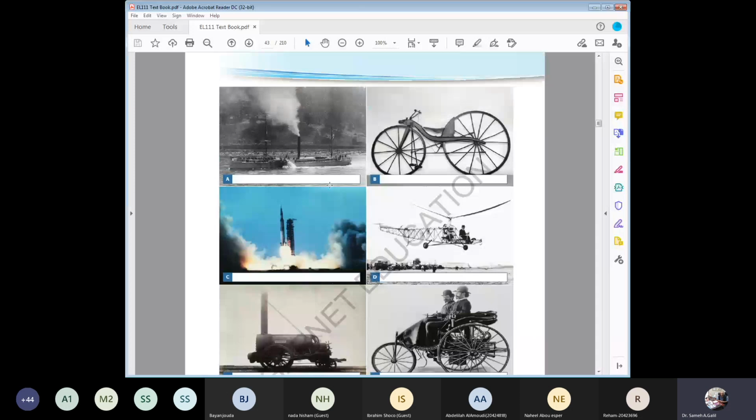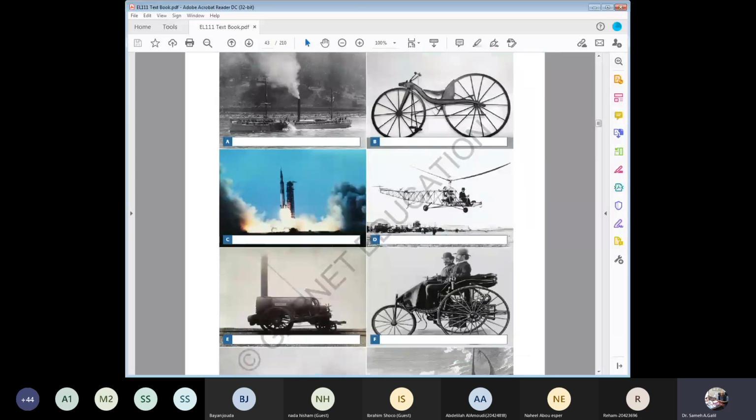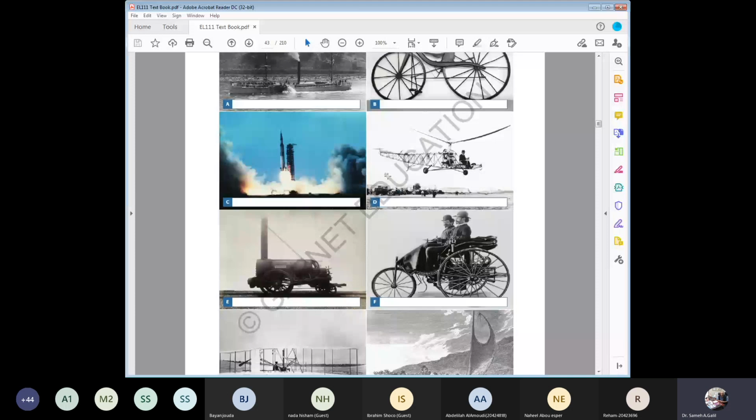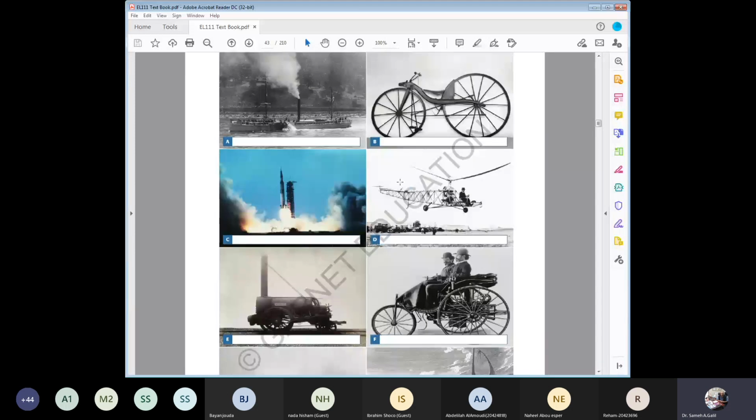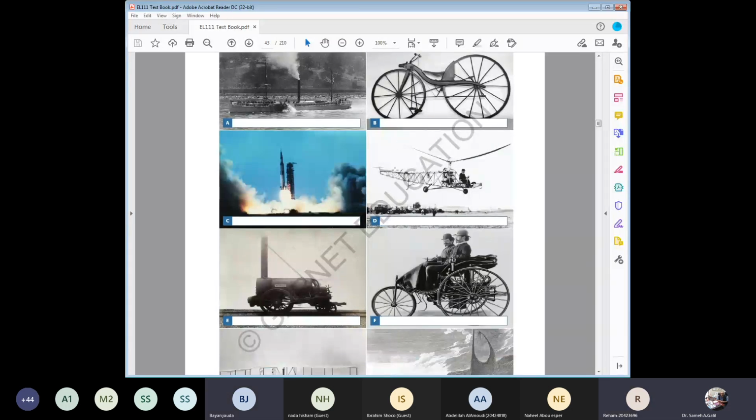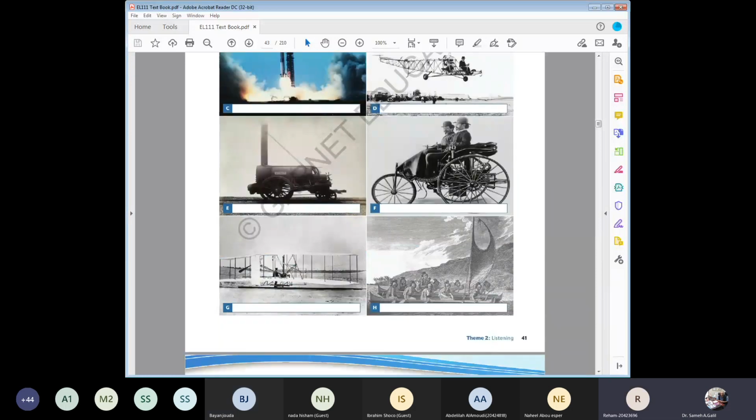But we don't come to university using rockets. I mean, we're talking about the utility, or how useful the invention is. Let's agree on the fact that all of them are useful, but some of them are essential. Essential means that you cannot think of your life without it. Necessary. So maybe F, cars.